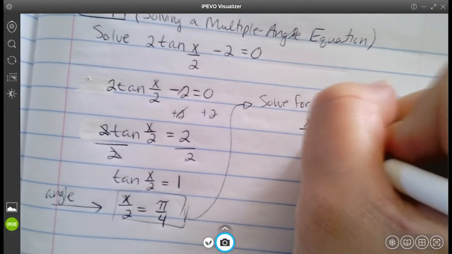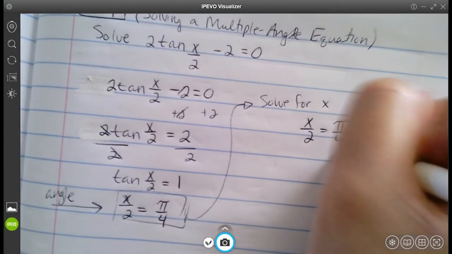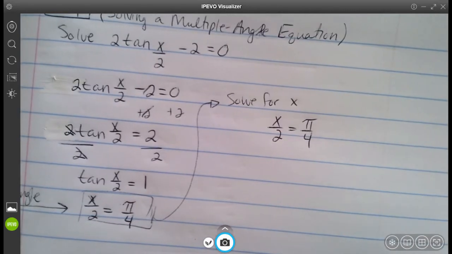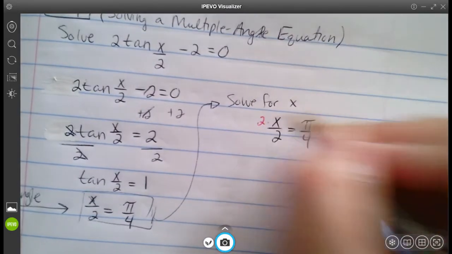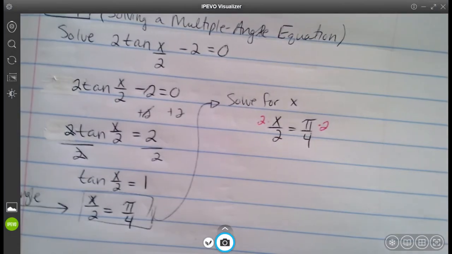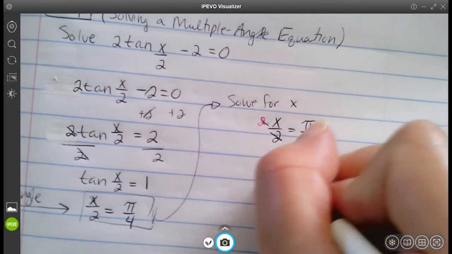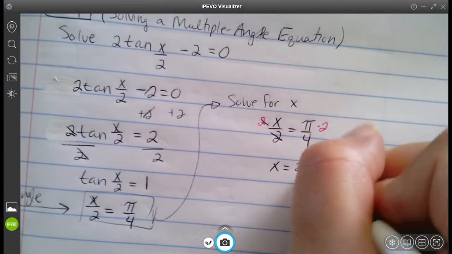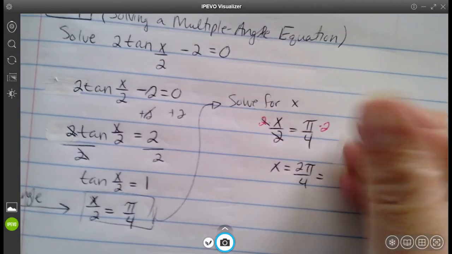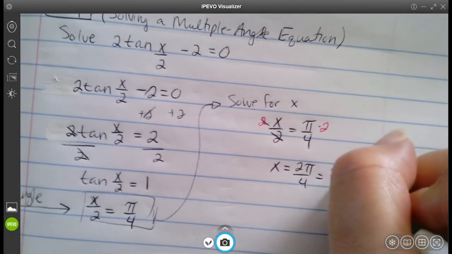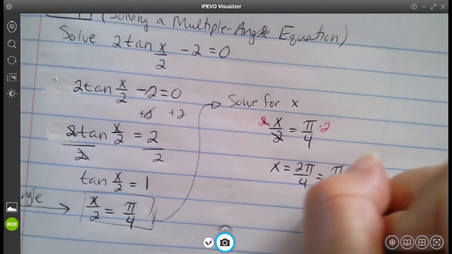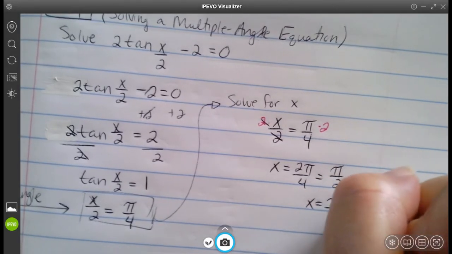So we have x over 2 equals pi over 4. How do you solve that? Well, you can cross multiply. I'm just going to get rid of the 2 by multiplying both sides by 2. And that would give me x is equal to 2 pi over 4, which is the same as pi over 2. So therefore, x is equal to pi halves.